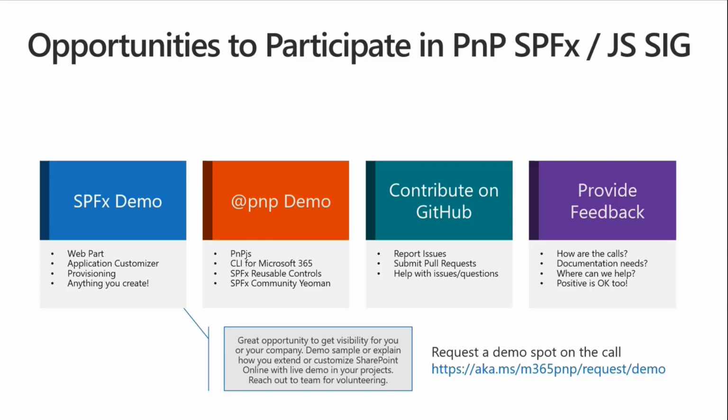Register your spot and present your demo in any of the upcoming community calls. You can also contribute to the community on GitHub, either creating issues in the repositories or making pull requests if you want to write code and give back to the community, or just providing questions and sharing your point of view with the whole community.